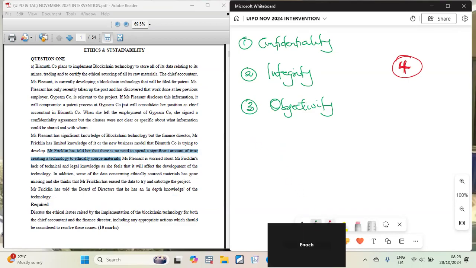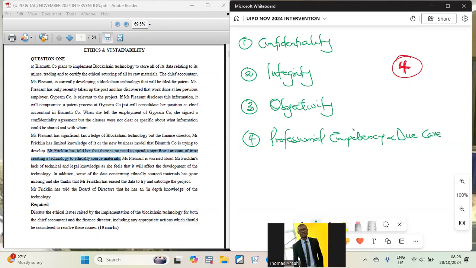Yes, Enoch. There is lack of professional competence on the part of Mr. Franklin, because in the second paragraph it says Mr. Franklin has limited knowledge of the blockchain technology or the new business model that they seek to do. So he's lacking competence in that.